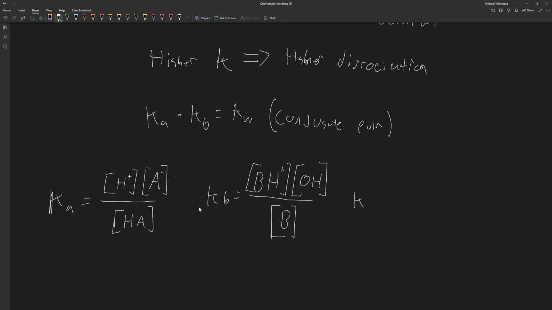And the Kw is equal to H plus concentration times the OH. So we're going to use all of this to essentially solve our acid-base problems of weak acid base.